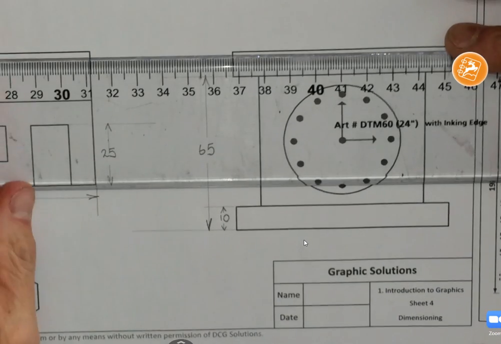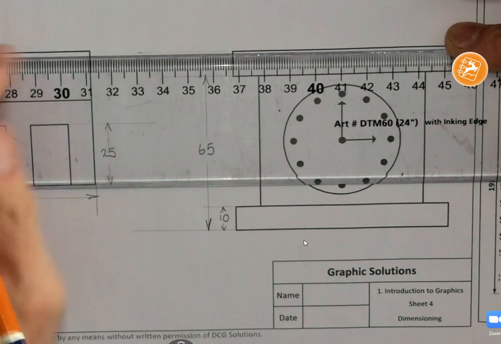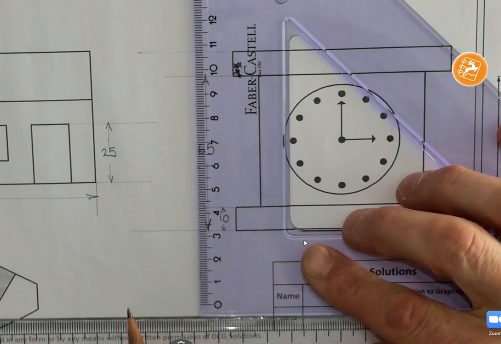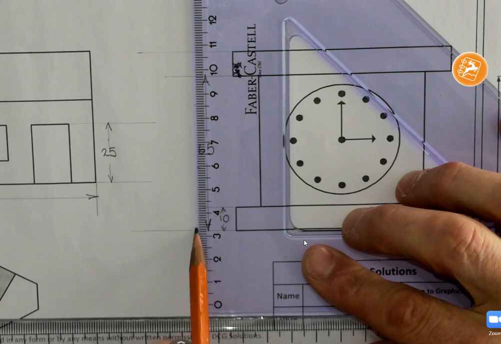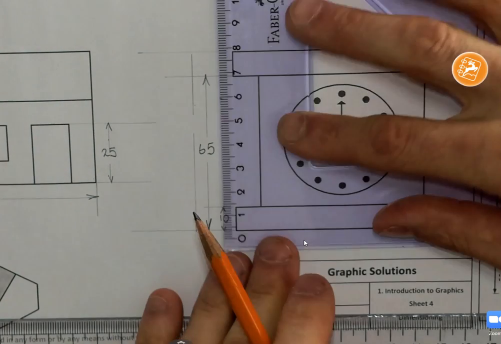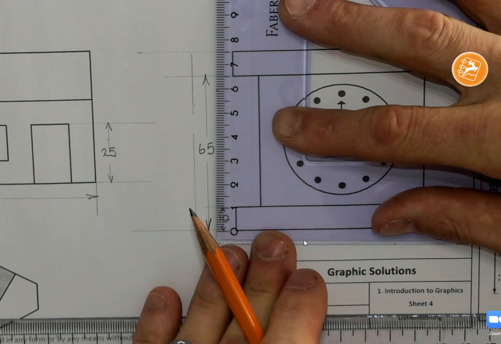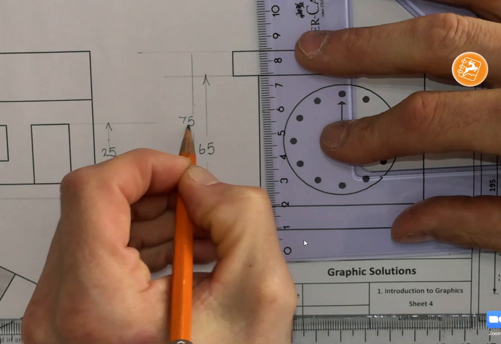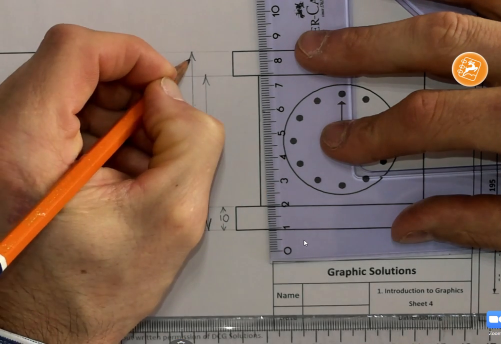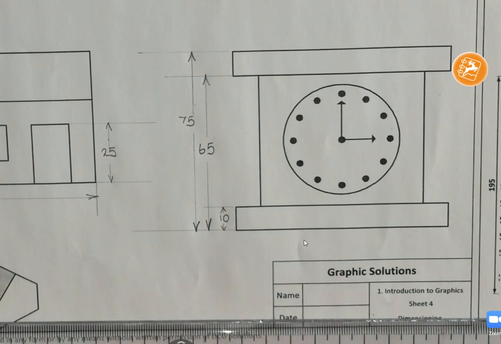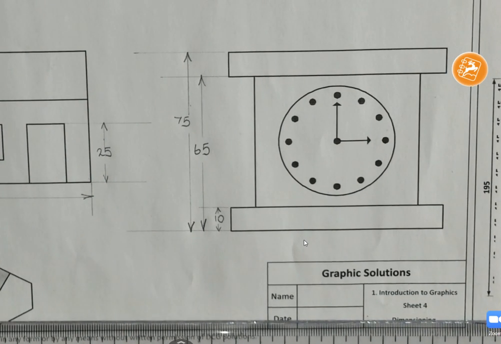Let's draw a line out from here like that, and let's measure out 5 millimeters from here. Okay, and let's draw a line up and then up. Okay, we can measure that there now, and that's a distance of 75. Okay, here's our arrow here, and then here's our arrow here. So again, that's in ascending order, 10, 65, 75.